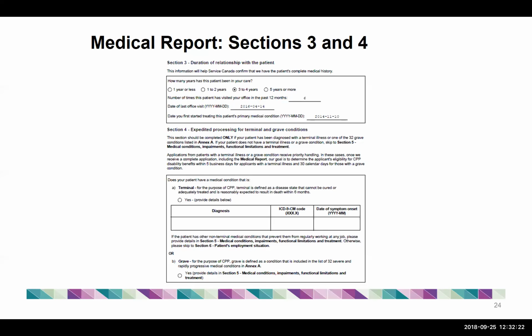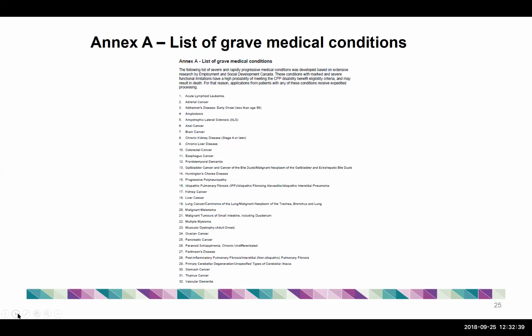So the first question is around terminal. The second question is around grave. So for the purposes of CPP, a grave condition is defined as a condition that is included in the list of 32 severe and rapidly progressive medical conditions in Annex A. So if you flip to Annex A, and that's on the next slide, you'll see the list of conditions. So essentially, these are conditions with marked and severe functional limitations that have a high probability of meeting the CPP disability eligibility criteria.